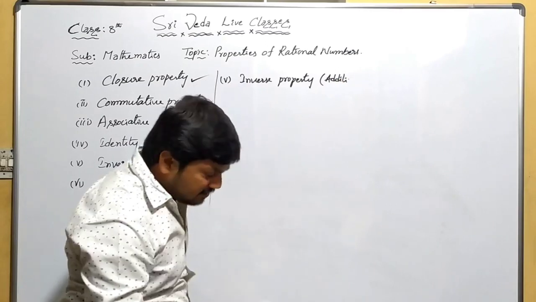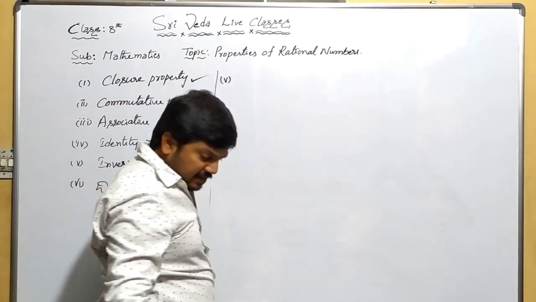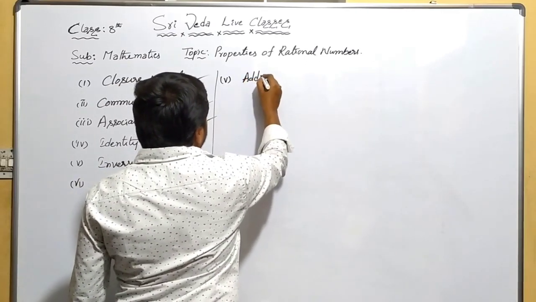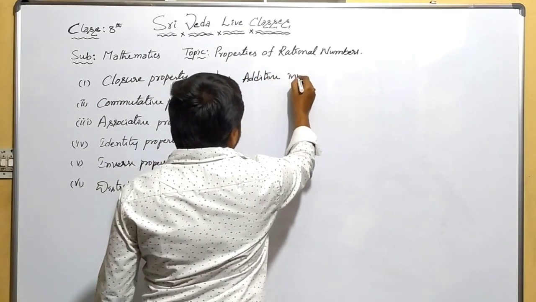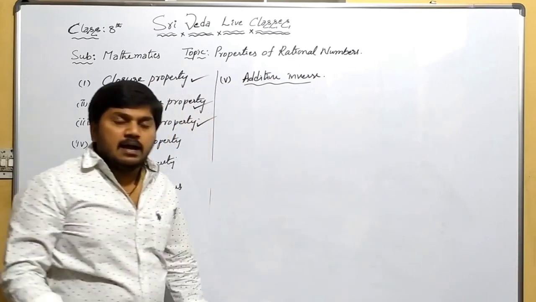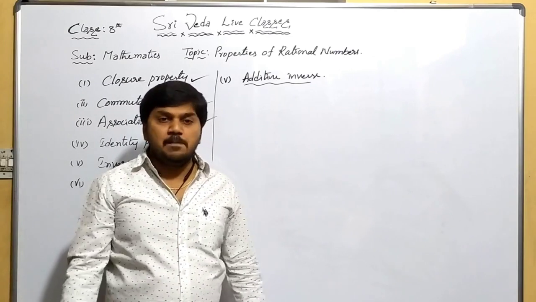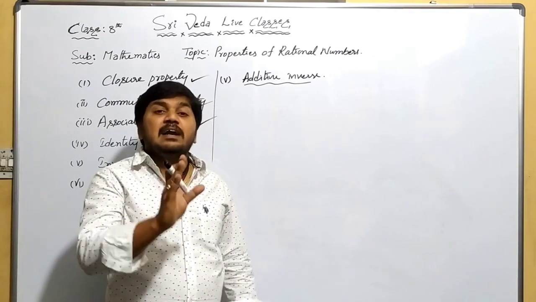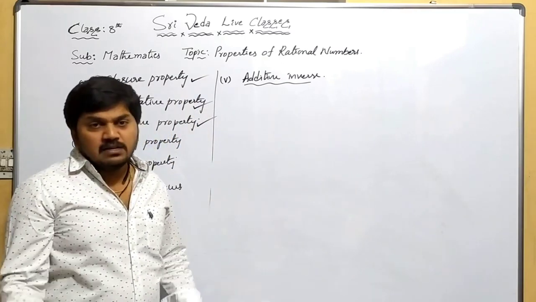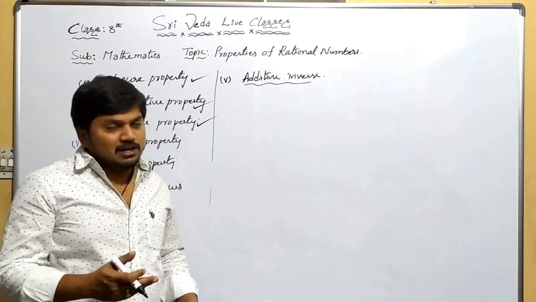So additive inverse, we can write it: existence of additive inverse. See, inverse means nothing but opposite. Additive means addition, and the opposite of addition is subtraction, right? The opposite of subtraction is addition, right?